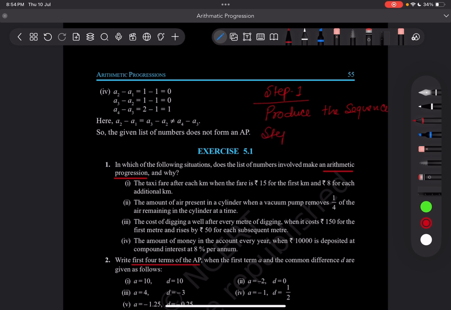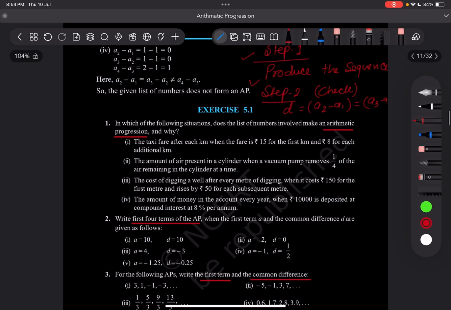And in step 2, we check. And what do we check? We check for common difference. That should be a2 minus a1, and it also should be a3 minus a2. So these are the two steps that you have to perform while solving question number 1.